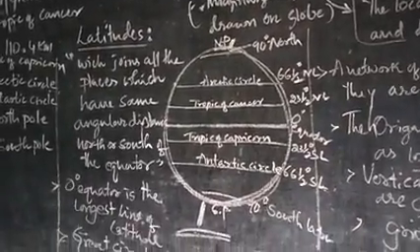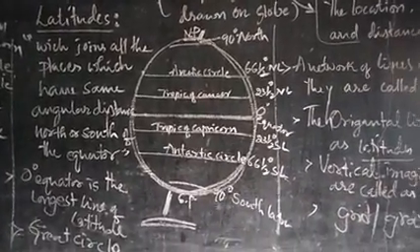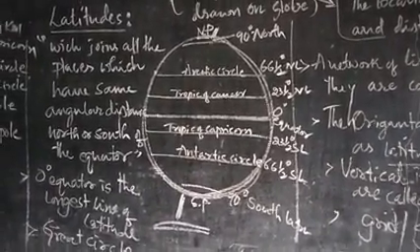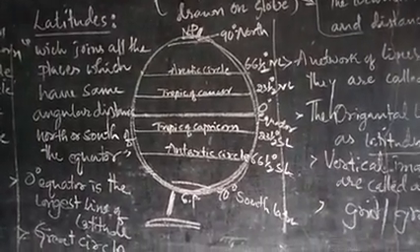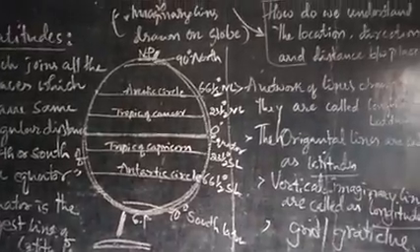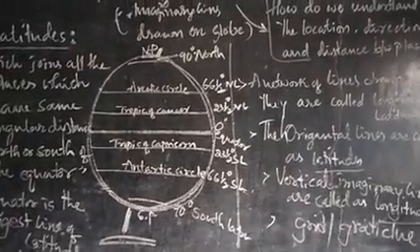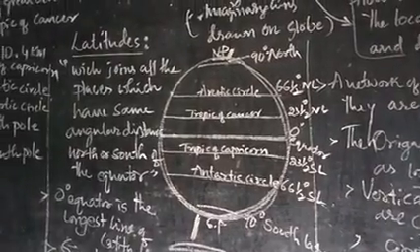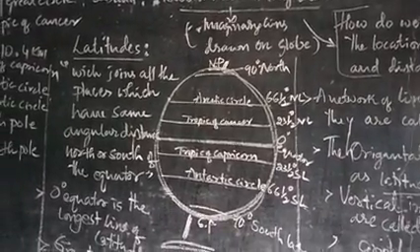The second one is 23.5 degree north latitude, the Tropic of Cancer. The third one is 23.5 south latitude, the Tropic of Capricorn. The fourth is 66.5 degree north latitude, the Arctic Circle.